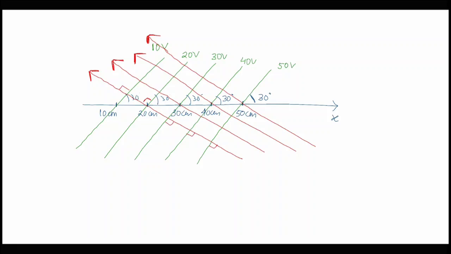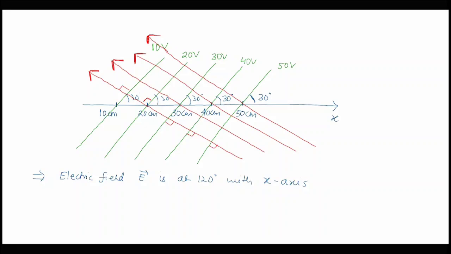Now if we talk about the direction of electric field, we can say that the electric field E vector is at 120 degree with the x axis. Now comes the calculation of the magnitude of electric field.